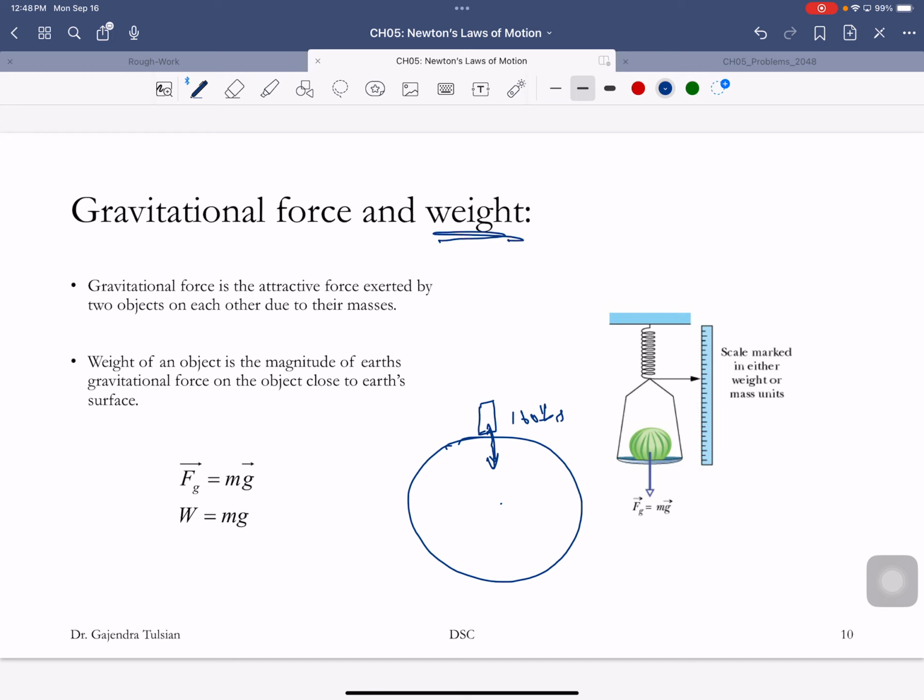Let's say if I went to Australia, there would be the gravitational force. The gravitational force on me is a vector. This G is pointing towards the center of the earth. And your weight is just the magnitude of that force.